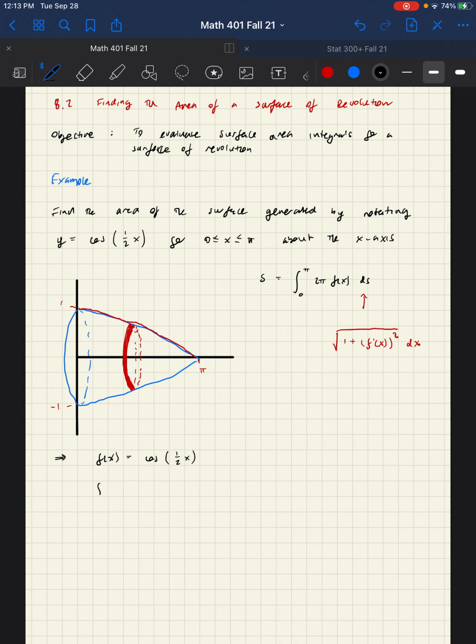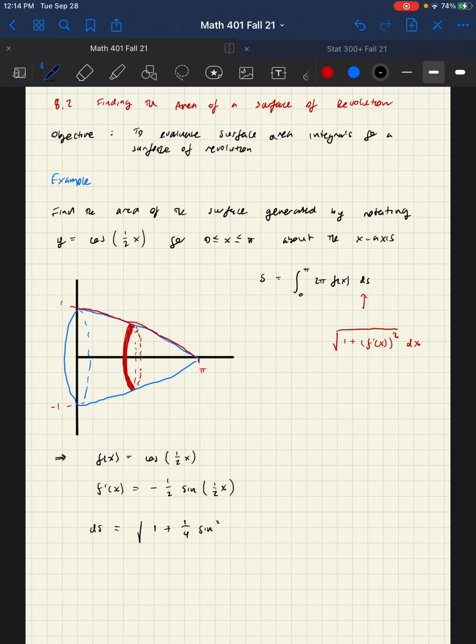So in this case, f of x is our cosine of 1/2 x, which means f prime of x is going to be negative 1/2 sine of 1/2 x.